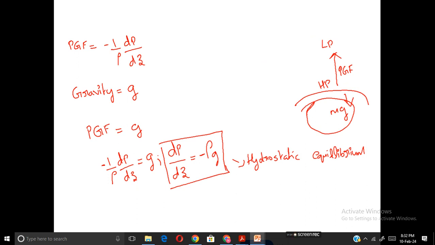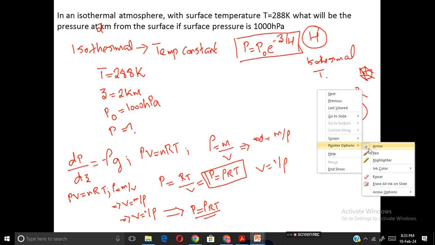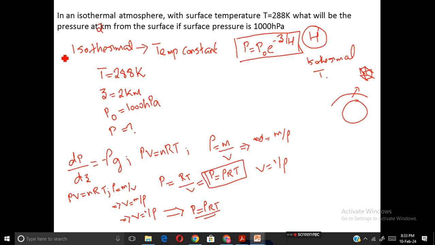No, no. Initially we are assuming that we are considering just 1 mole of a gas.